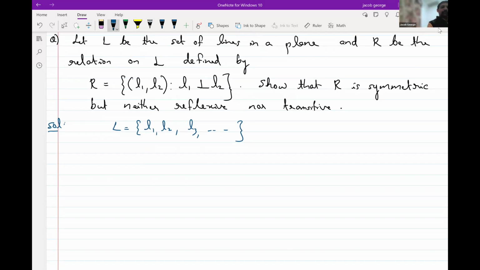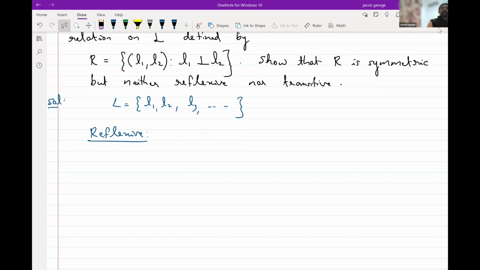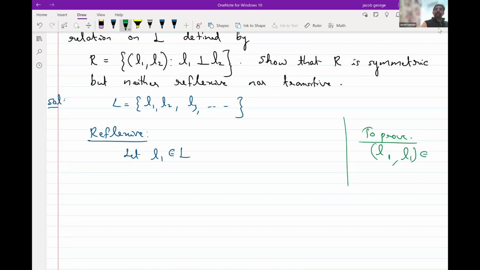So for proving R is not reflexive, we will take an element. Always for reflexive, we start like this. Let L1 be an element of capital L. What we have to prove for reflexive is that L1 comma L1 is not an element of R, which means L1 should not be perpendicular to L1.